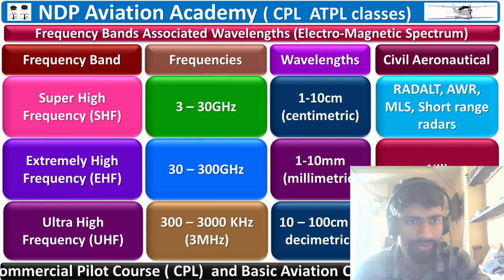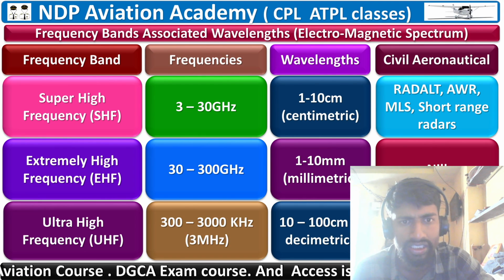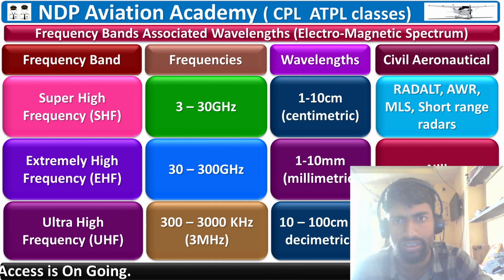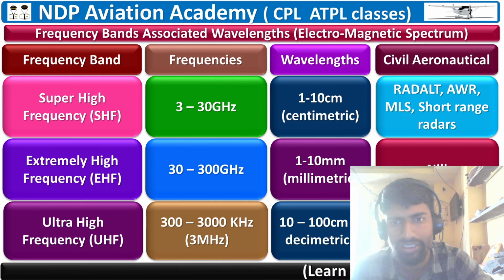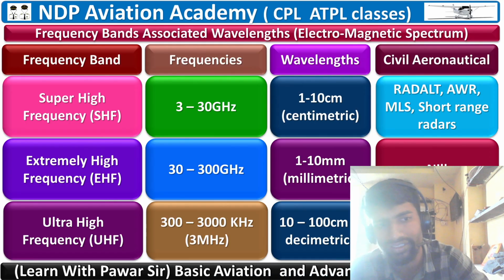Then extremely high frequency, EHF, is 30 gigahertz to 300 gigahertz, and what is the wavelength? 1 to 10 millimetric, but we don't use this frequency in aviation.